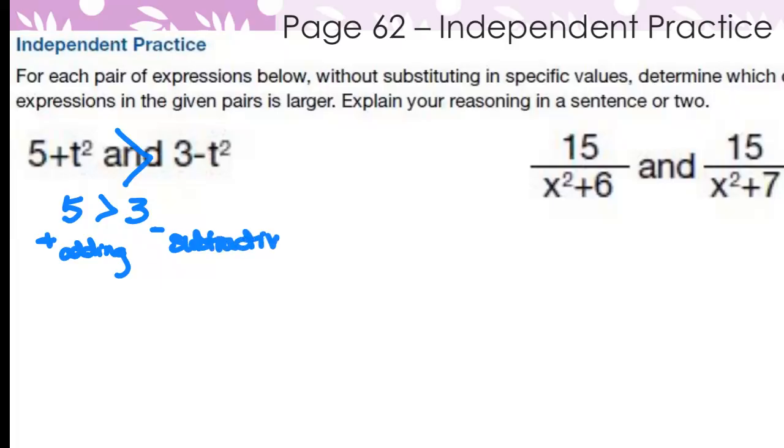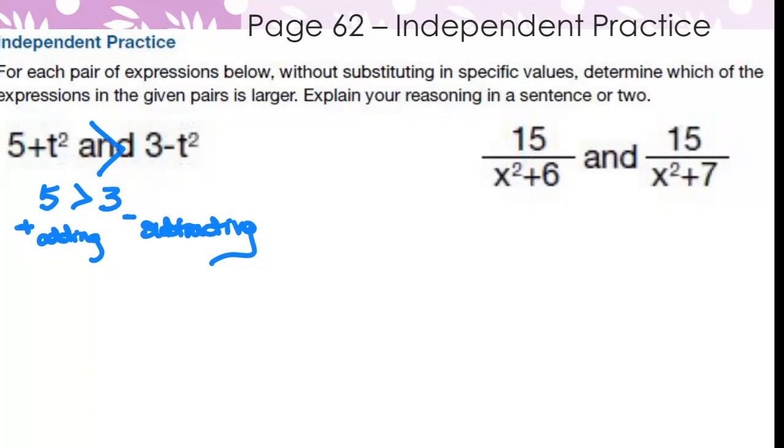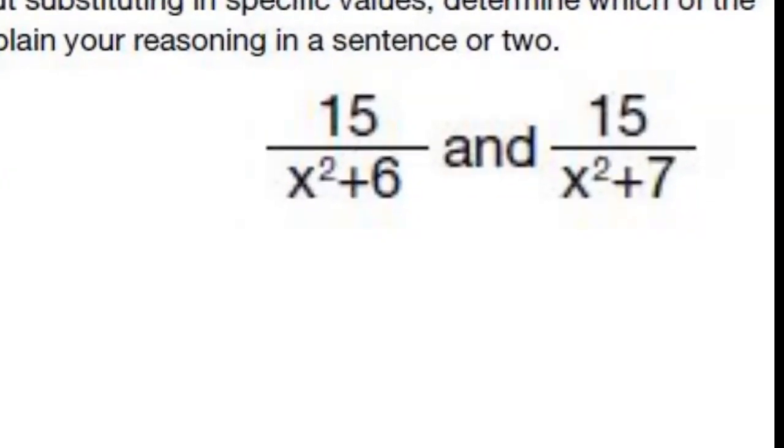Yes, exactly. These are your notes, so anything that's similar to that, just so you have an understanding of it. Any question about that one? Good answer, Chris. I appreciate that. All right, let's take a look at the next one. 15 divided by x squared plus 6 and 15 divided by x squared plus 7.